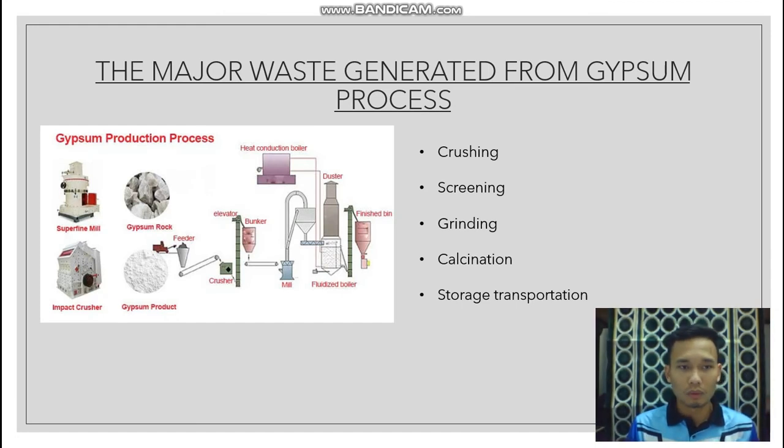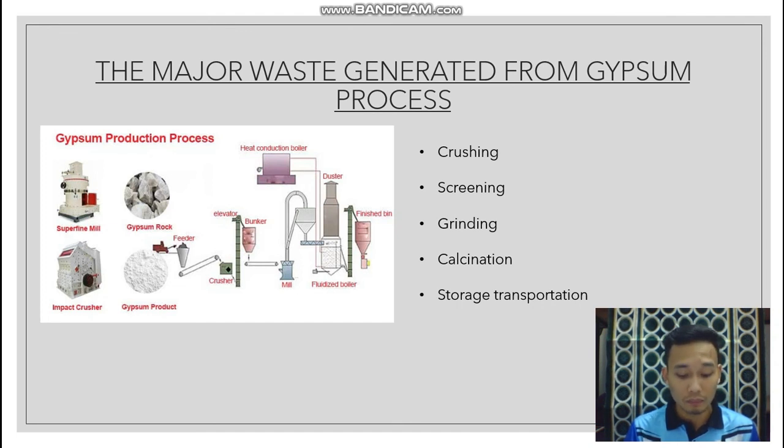So we go to the gypsum production process. The first is crushing. Crushing is when mined gypsum, or raw material, enters into a crusher and is broken into small particles smaller than 30 mm. The second is screening.